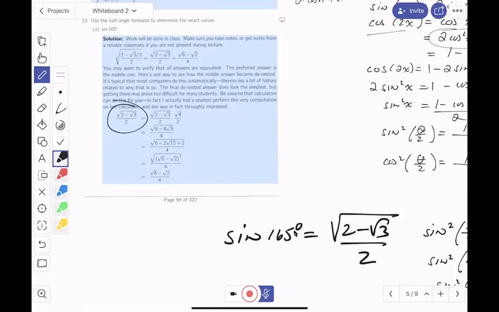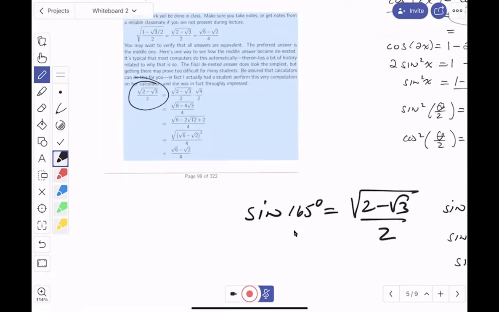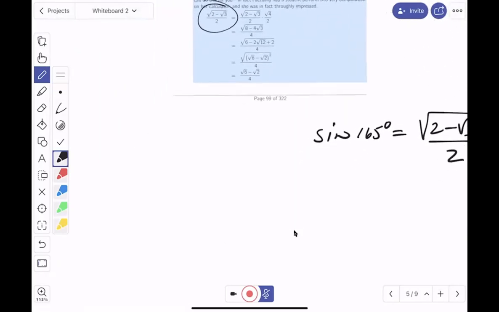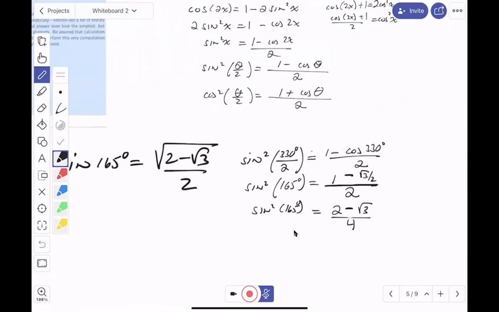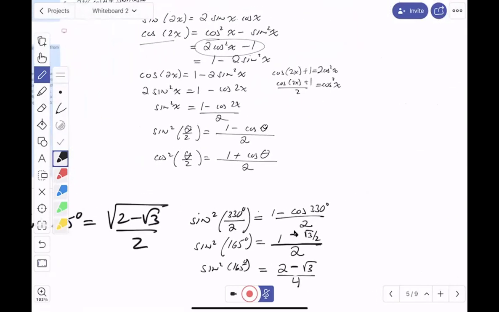What I want to do is go to the next one, which I believe is the cosine of 165. I'm sorry, the sine of 165 was done, now the cosine of 165. I'm going to be using this one over here. What's that going to be? Cosine squared of 330 degrees over 2.